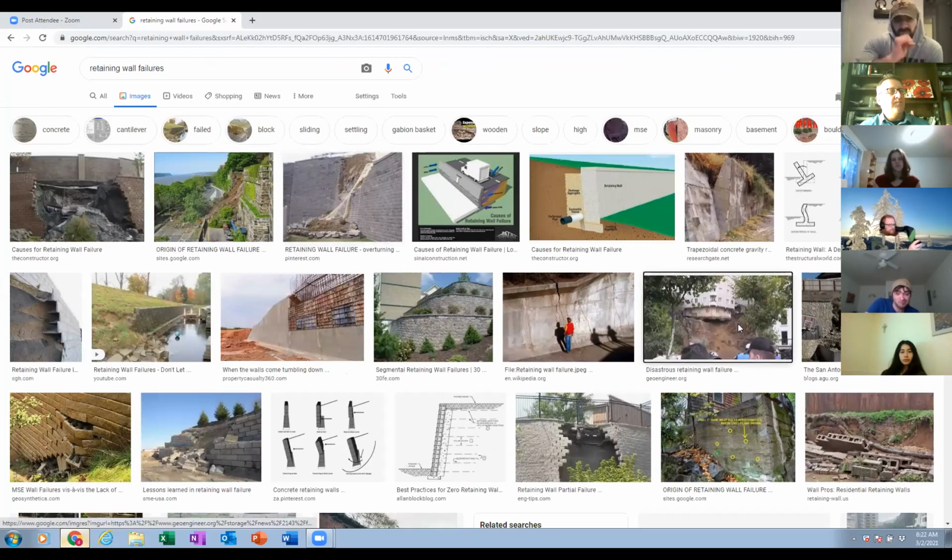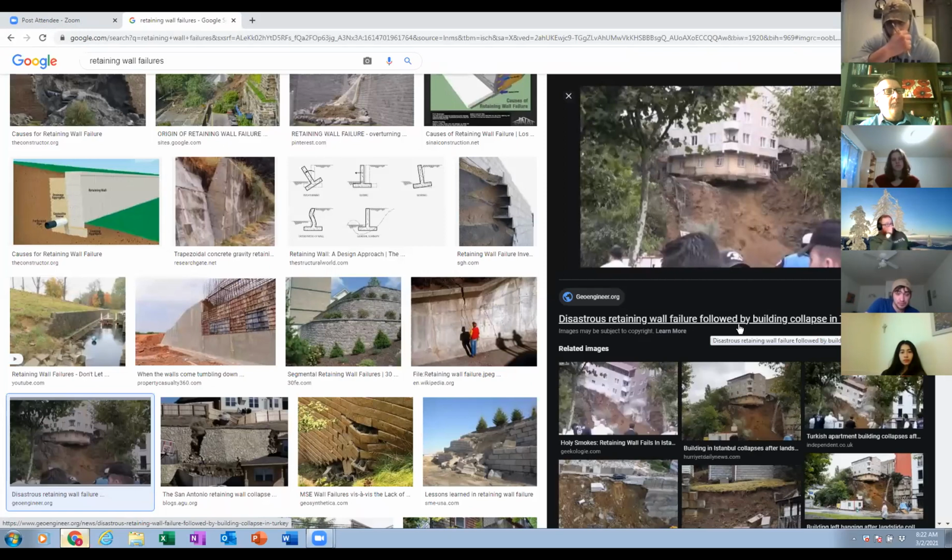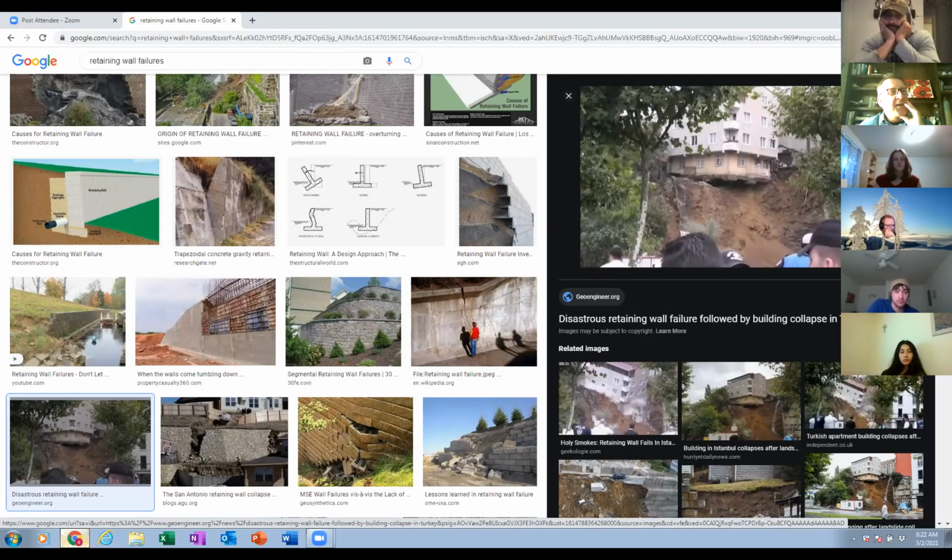There's a major one. So building houses in the hills where you have a view is really cool, unless the dirt that holds the house up is allowed to wash away from underneath the building. I don't know what happened here, earthquake, who knows, but that is not good.